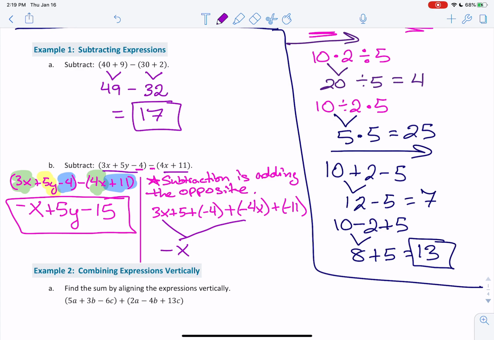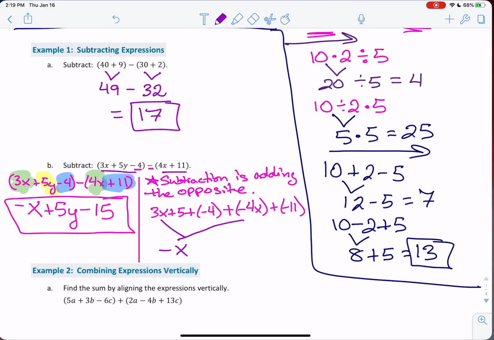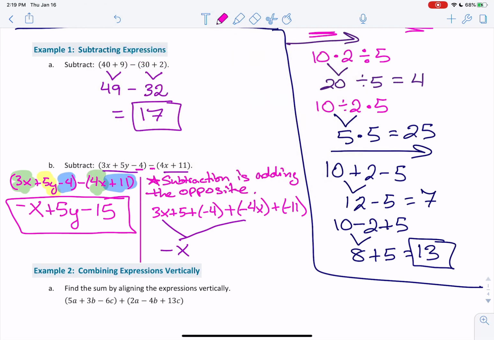And then we have, oops, this is supposed to be a 5y. Once again, the 5y doesn't have anything to combine with, so it's just going to stay 5y. And then we have negative 4, and we're adding 11 more negatives. So that's going to end up giving us a negative 15.